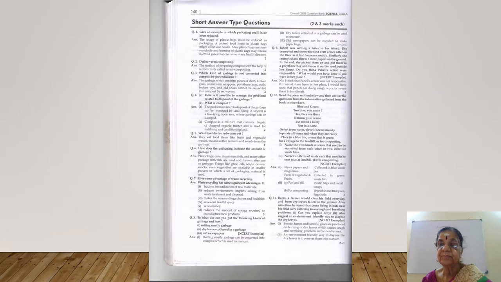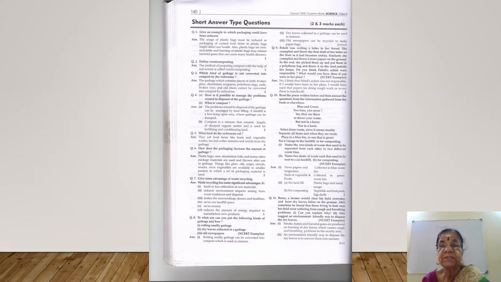Are you clear? I read the answer again. It is in our textbook. The usage of plastic bags must be reduced as packaging cooked food items in plastic bags will affect our health. Also, they are non-recyclable and burning of plastic bags may release harmful gases which in turn affect our health.